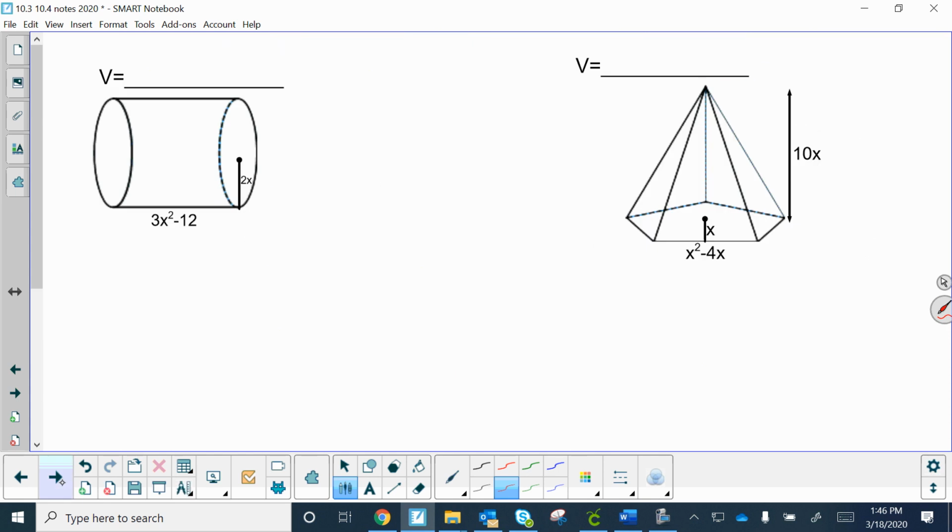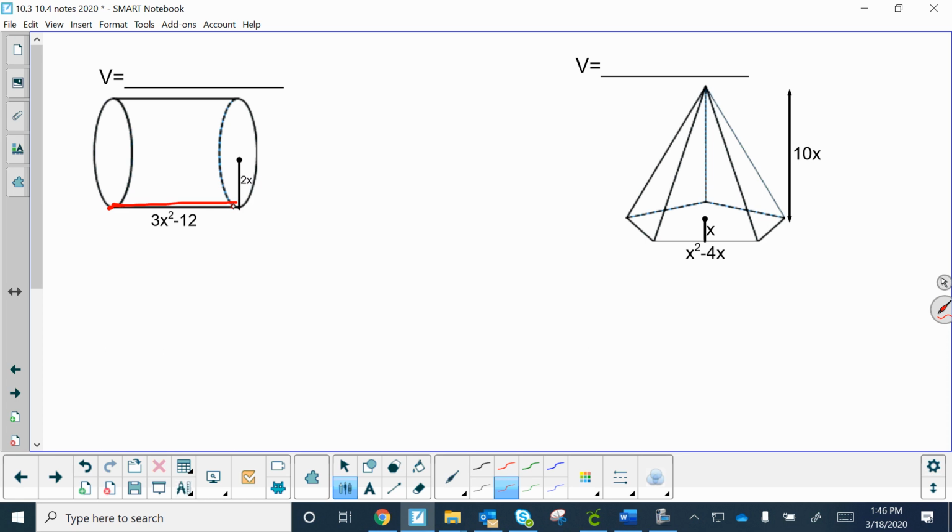These are pretty challenging because we want to tie in the algebra, because you're going to go into Algebra 2 next year. So this first one is a cylinder, and they give us the radius to be 2x, and they give us the height. So remember, the height goes from base to base, and it's okay to go from left to right. And so we're going to plug that in there.